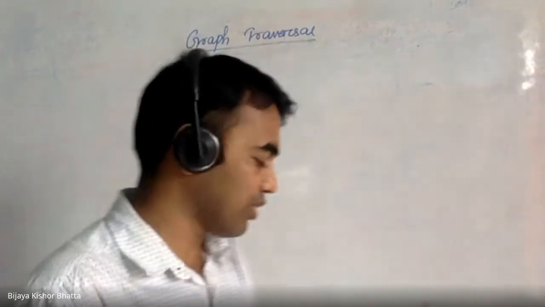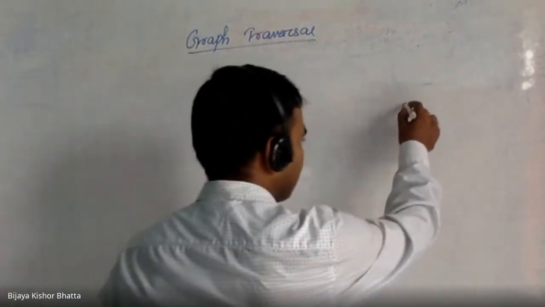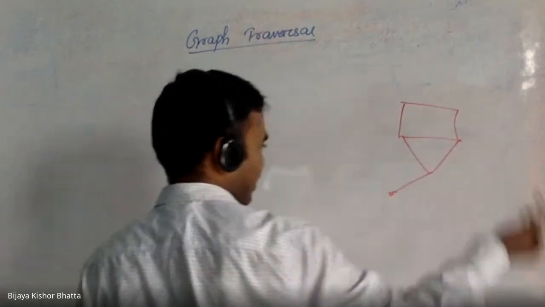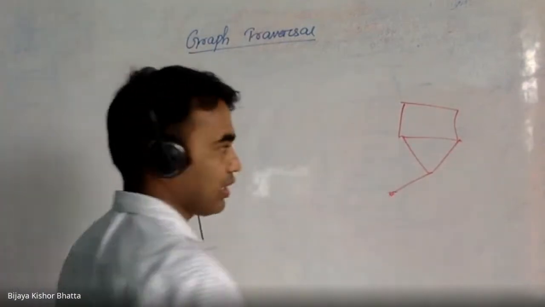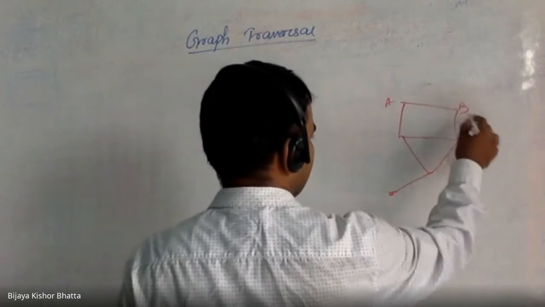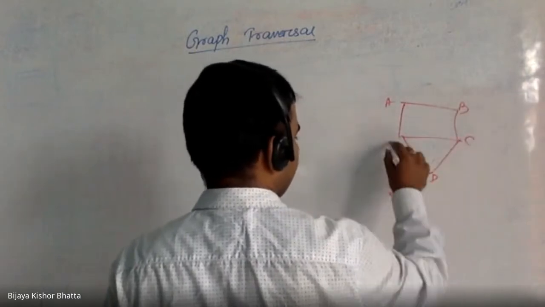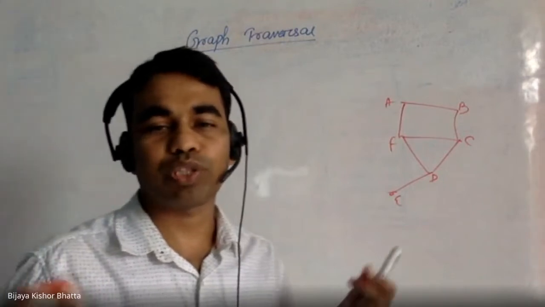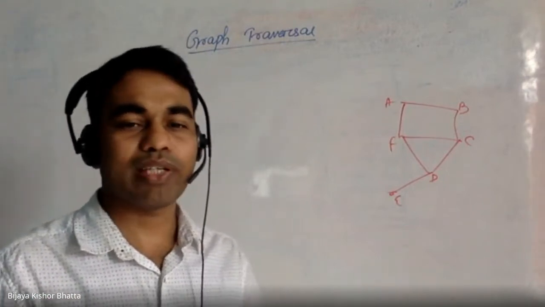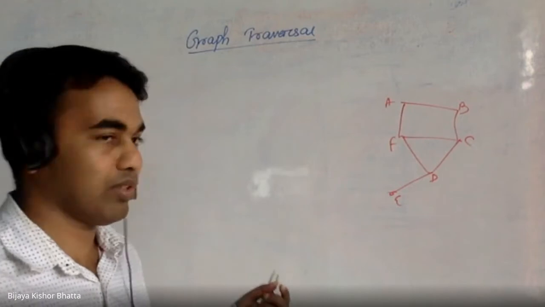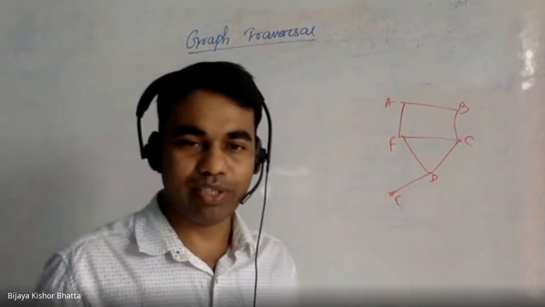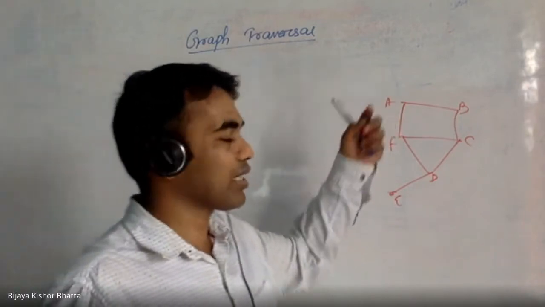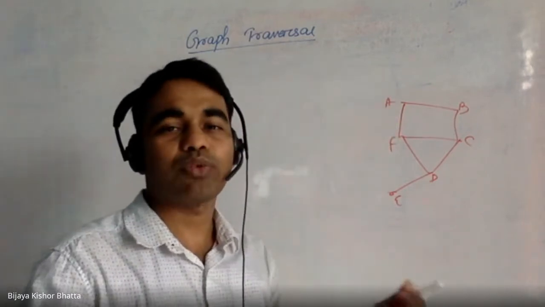Given any particular graph, so this is my graph, any graph could be anything. Say A, B, C, D, E, F. Which point should you start from? The question is where should you start? Somebody can say, let's start from an arbitrary point. Suppose I'm starting from A. Where should I go?